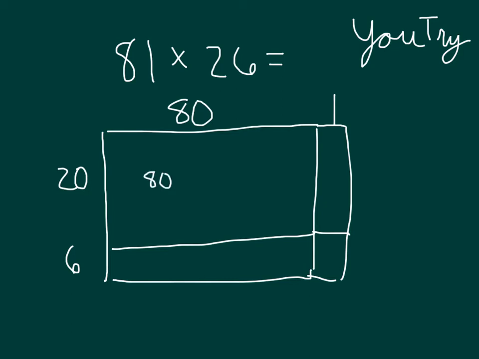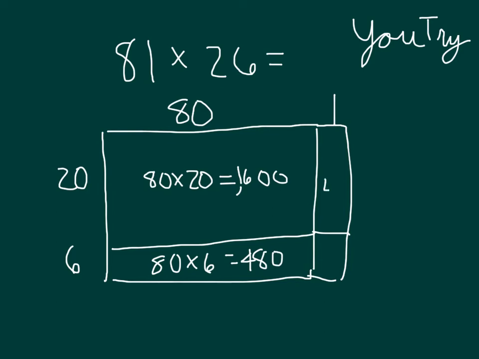Did you get 80 times 20 within this first box? It's 2 zeros. 8 times 2 is 16. We have 80 times 6, which is 480 here. And then 20 times 1, which is 20, and 6 times 1, which is 6.